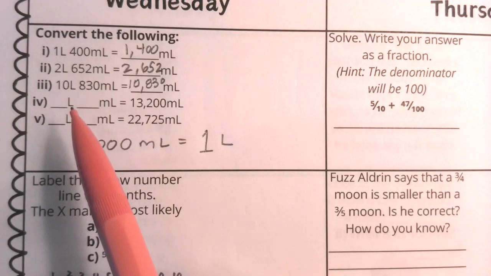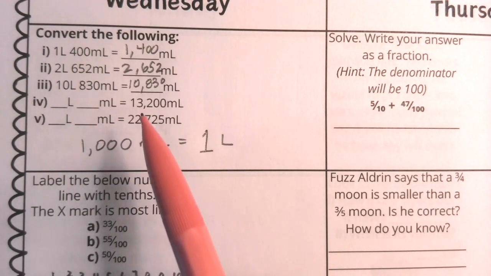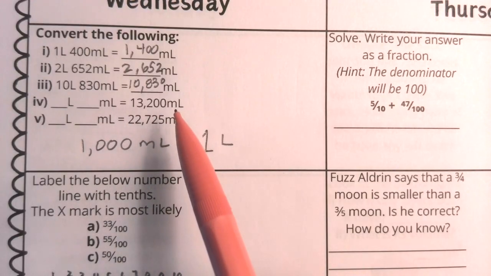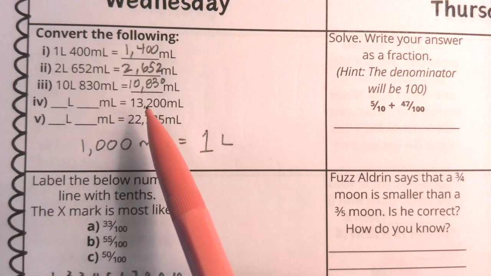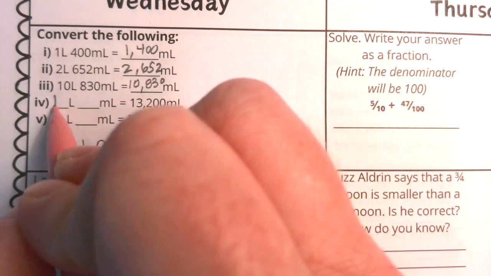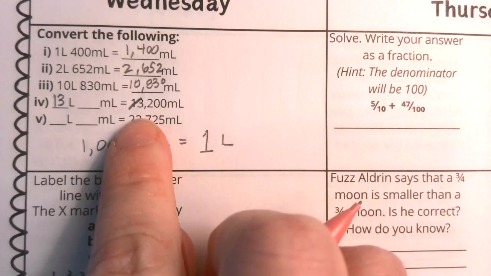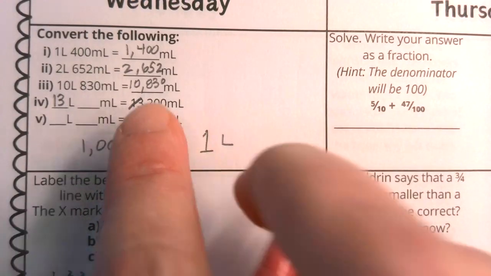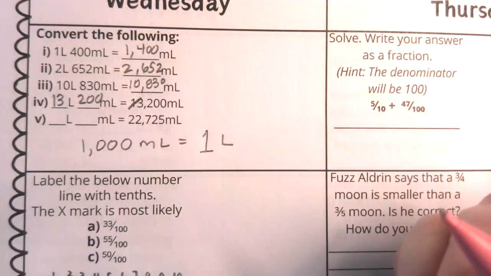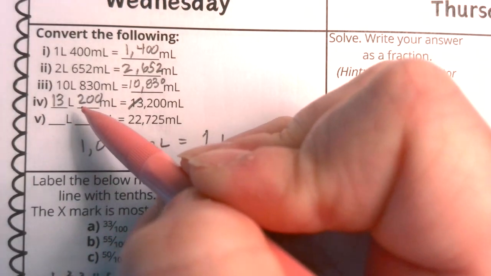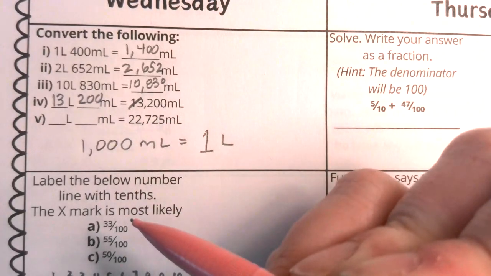Now, here we're asking ourselves how many liters and how many milliliters are in 13,200 milliliters. Well, we might ask ourselves, how many groups of 1,000 do we have here? We have 13 groups of 1,000. So that takes care of the 13 that we have here. The remaining value are the milliliters. So that's our 200. 13 liters and 200 milliliters equals 13,200 milliliters.